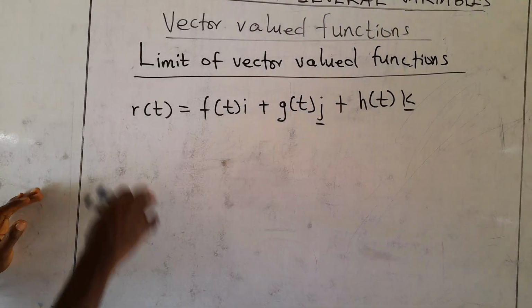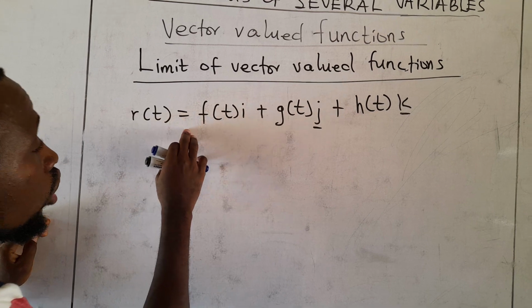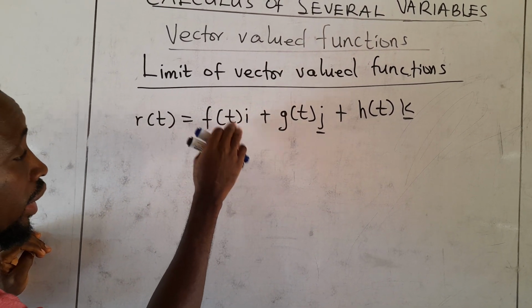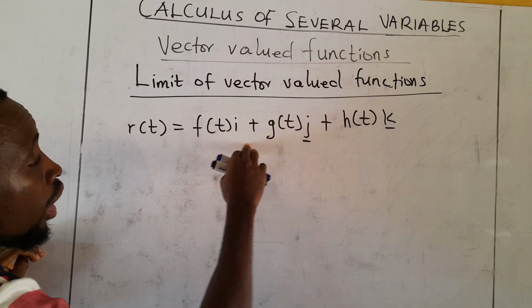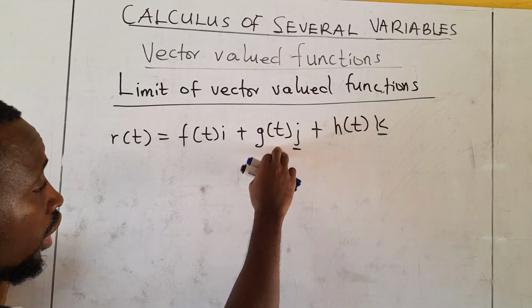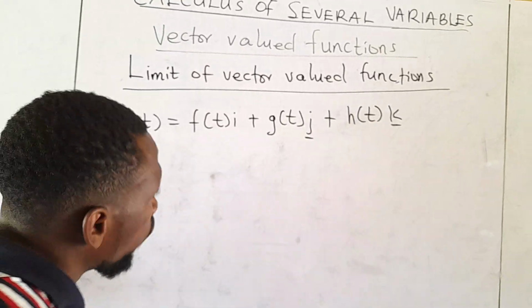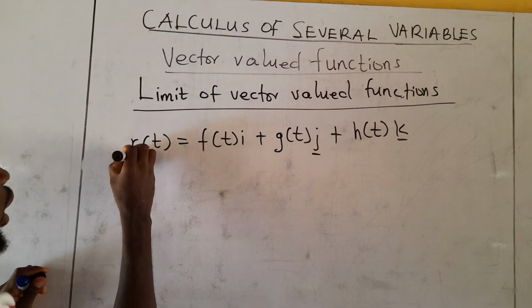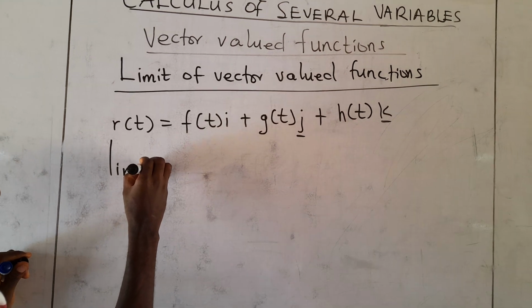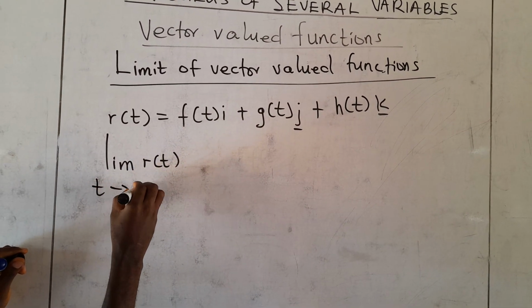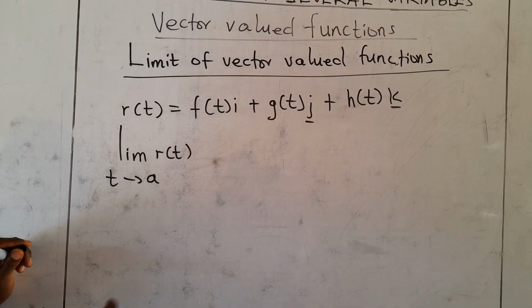So we start things off with the limit of a vector valued function. If we have a vector valued function r of t equal to a function f dependent on t in the direction of i, and a function g dependent on t in the direction of j, and a function h dependent on t in the direction of k, we are asked to find the limit of our vector valued function r of t as t approaches a constant, let's say a.